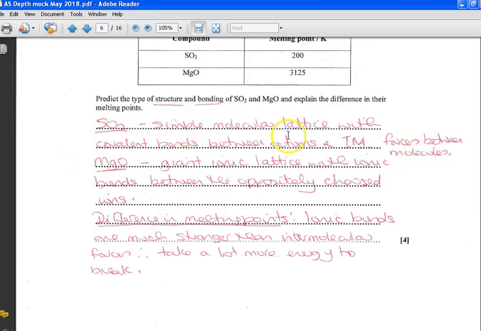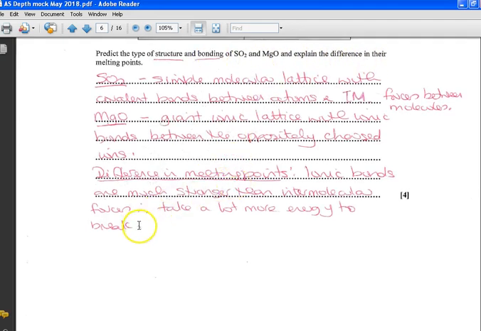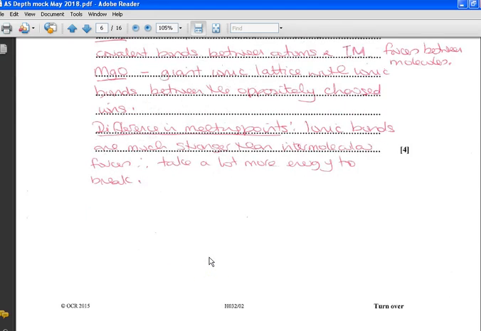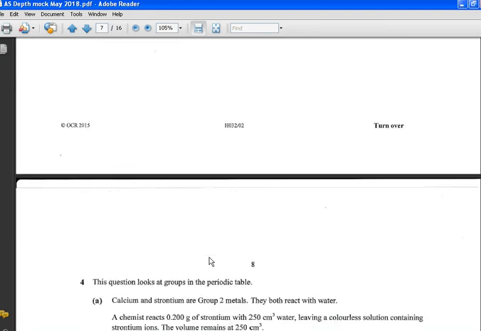So that's explaining the structure and the bonding of SO2. And then MgO is a giant ionic lattice, that's the structure, with ionic bonds between the oppositely charged ions. So we've done structure and bonding, and now we've got to explain the difference in their melting points. Ionic bonds are much stronger than intermolecular forces, therefore take a lot more energy to break. It's as simple as that. Break it down.